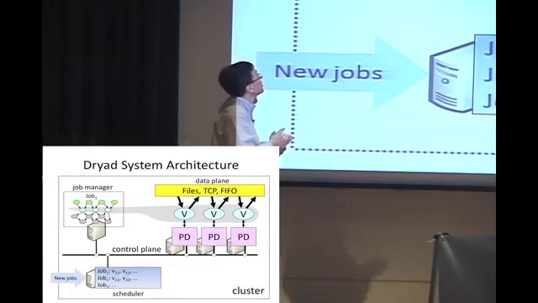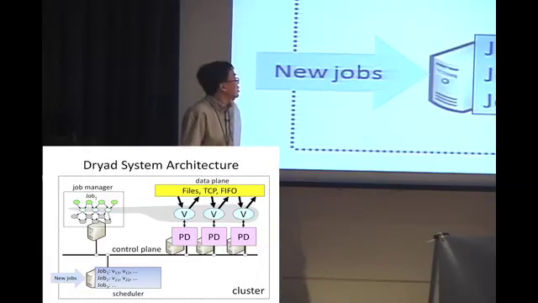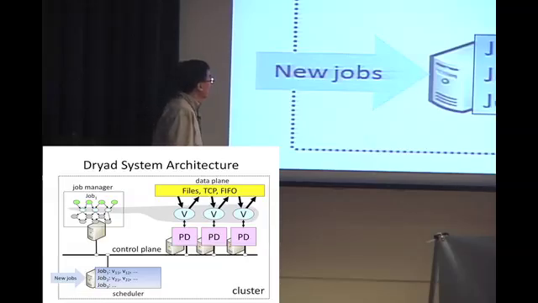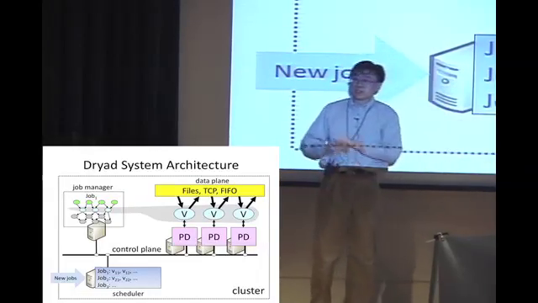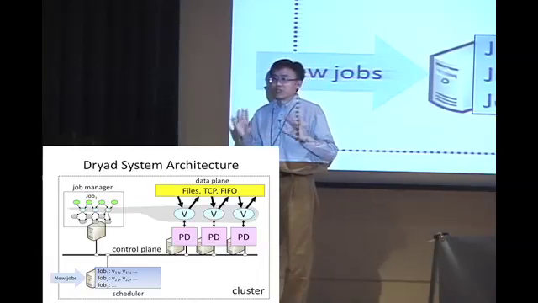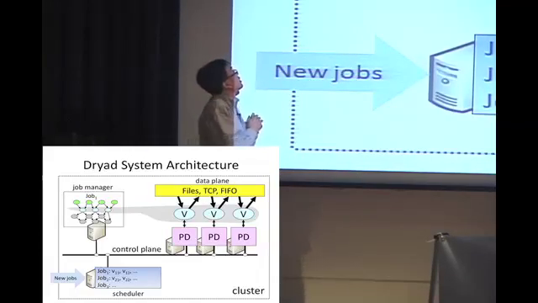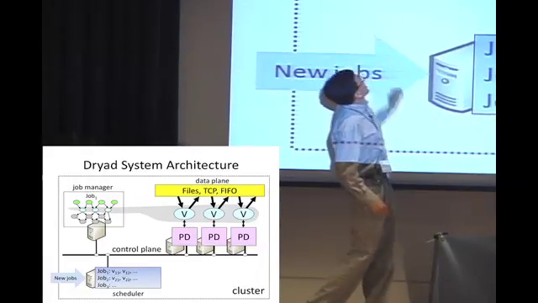So Dryad, okay, I'll just have one slide on Dryad. Dryad lives in the cluster. A new job arrives at the scheduler, and the scheduler controls the degree of concurrency, how many concurrent jobs are running in the cluster. And it starts a job by forking a job manager.